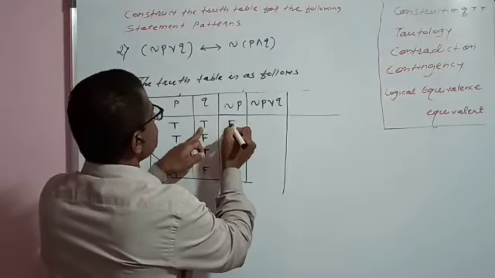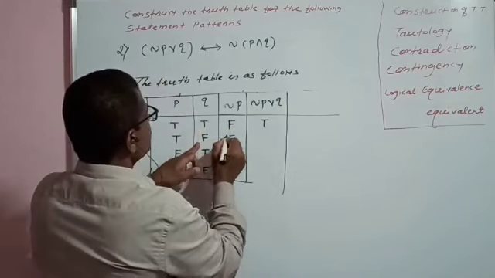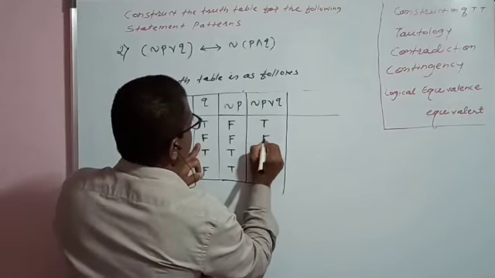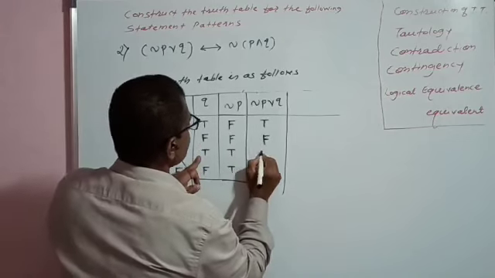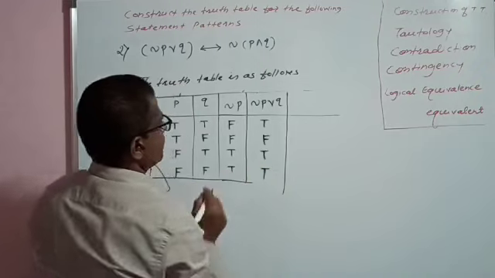So T disjunction F is true. F disjunction F is F. T disjunction T is T. F disjunction T is also T.